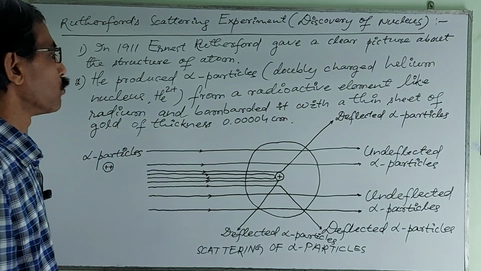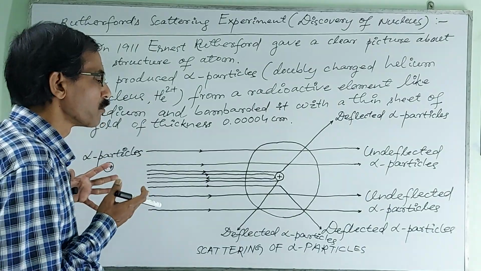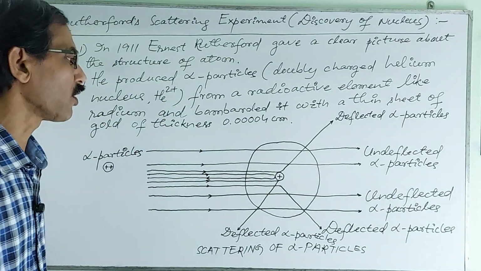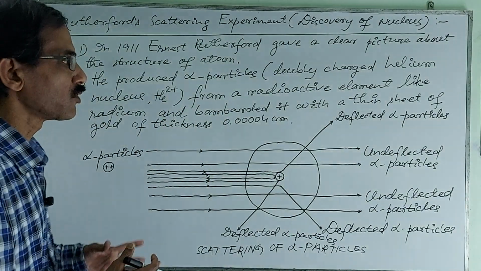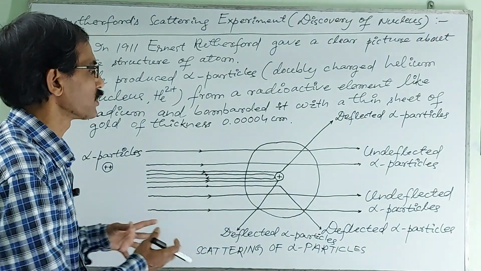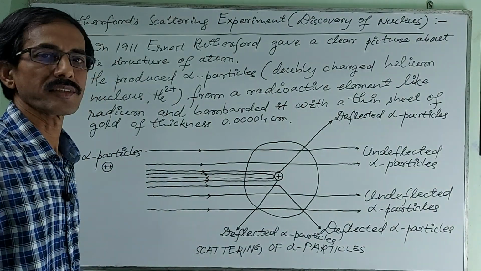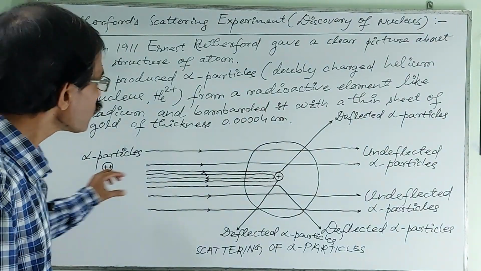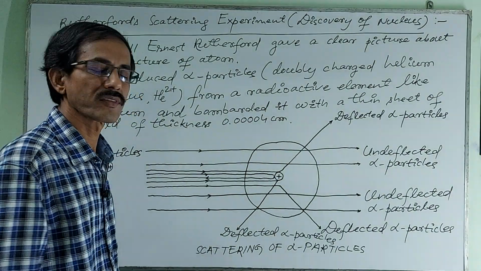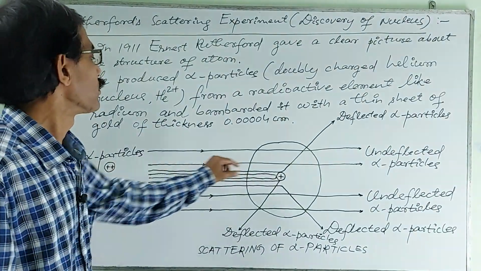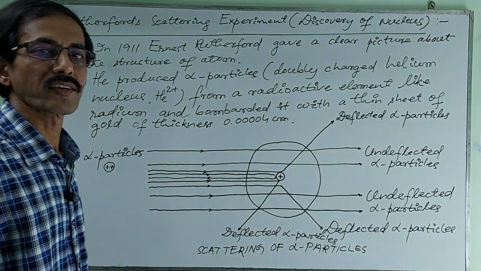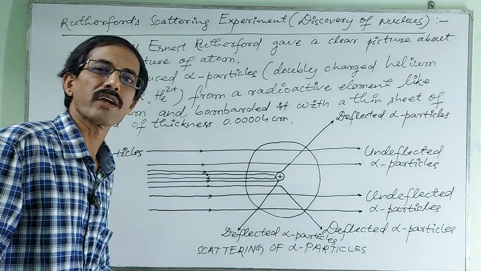So most of the alpha particles passed straight through the gold foil. It was concluded that most of the atom is empty, and a few alpha particles deflected through wider angles after passing through the gold foil.